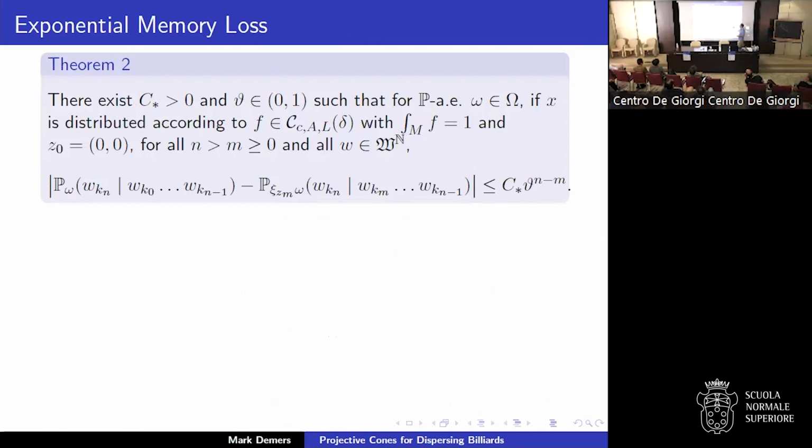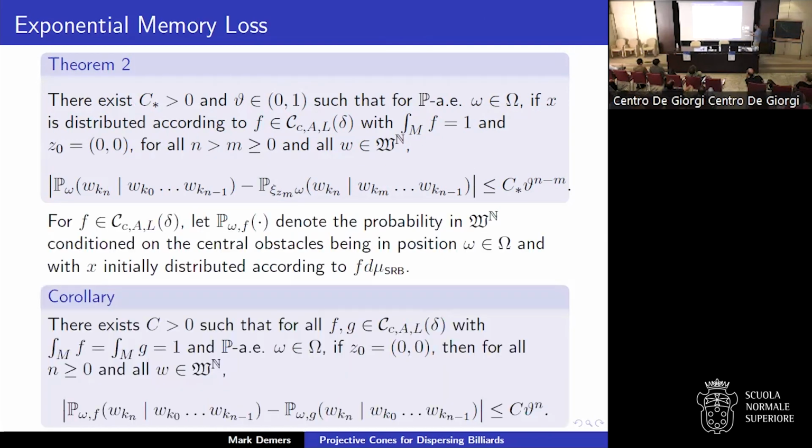Just reinterpreting these conditional probabilities in terms of the integrals of transfer operators, you get this exponential memory loss. For this one, it says if you have different amounts of memory, here you have all n steps of memory, here you have n minus m. And so you get an exponential rate of contraction depending on the difference in time steps. Or you can think of memory loss as the same amount of time, but two different starting points, f and g, and then you have a memory loss statement like this.